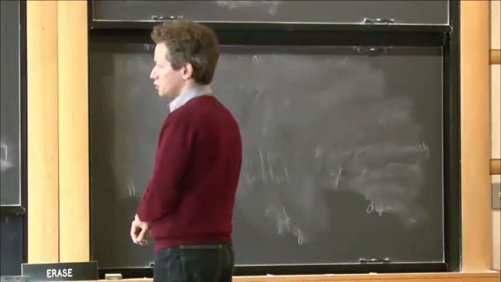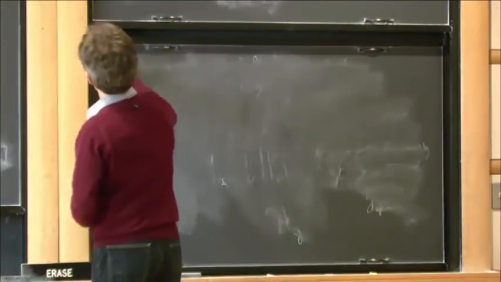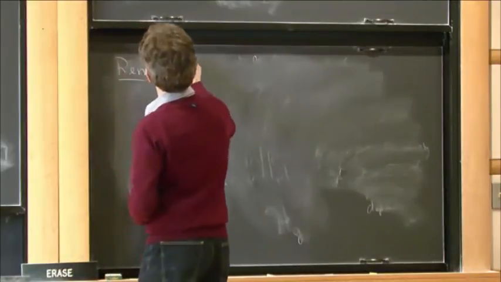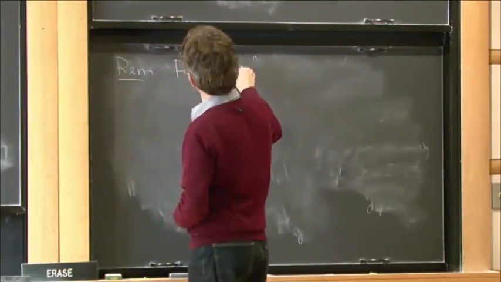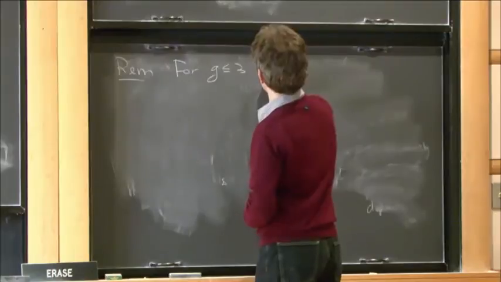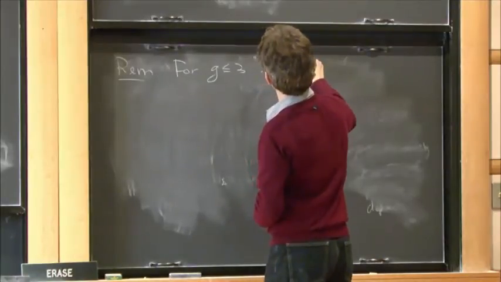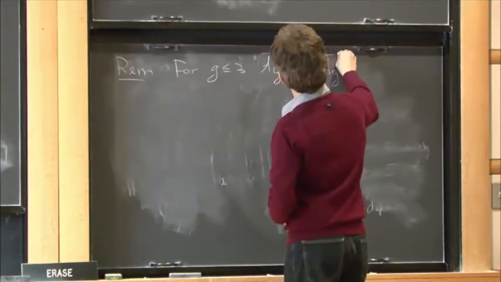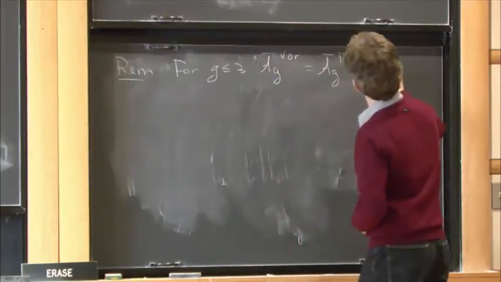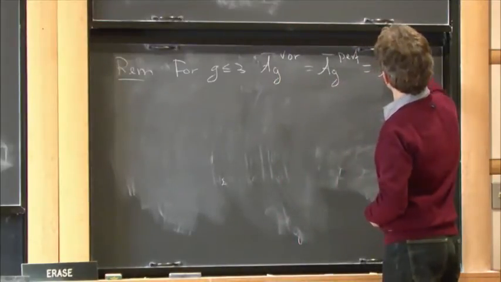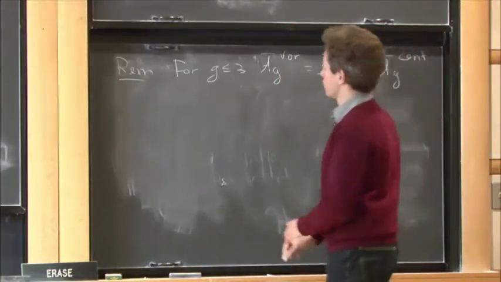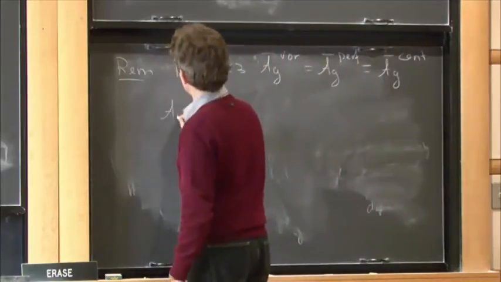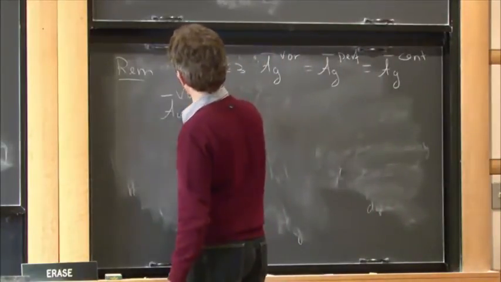So I won't tell you yet how to compactify them, but let me note that for g up to 3, there is somehow no choice. All 3 compactifications, Voronoi, perfect cone, and central cone, are the same. On the other hand, for genus 4, A4 Voronoi is bigger.